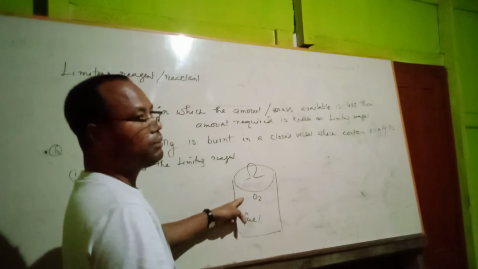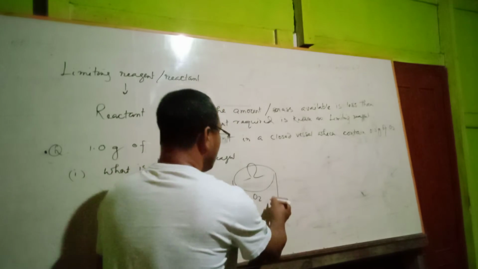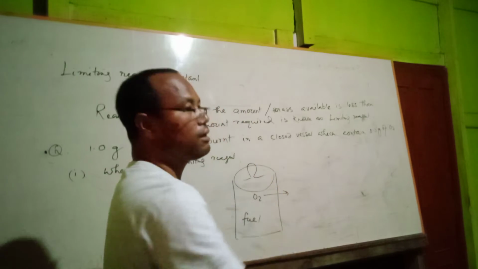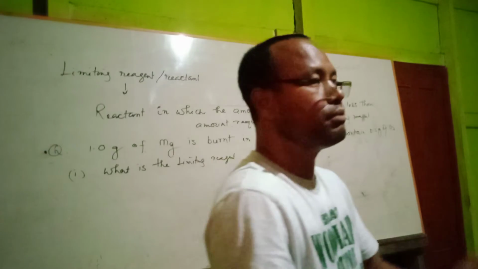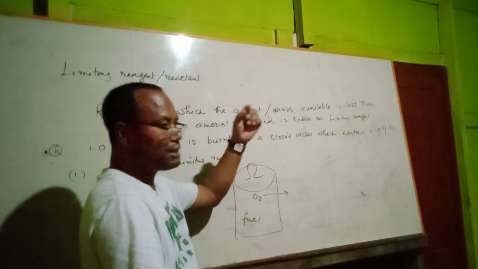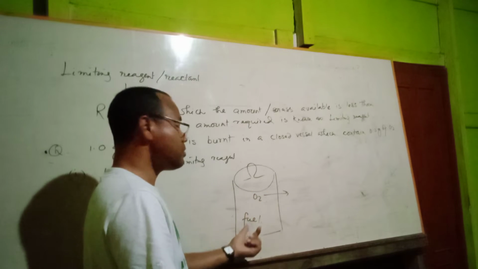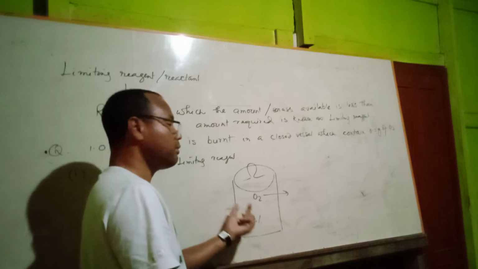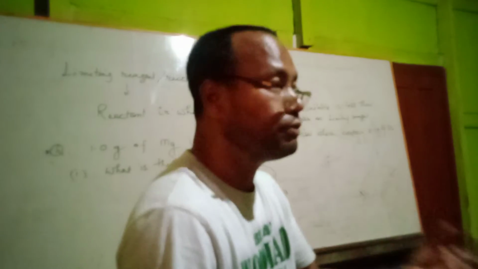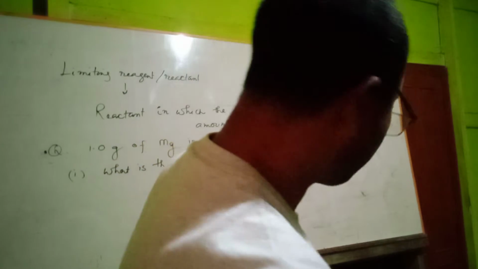Very limited oxygen is present. Therefore we consider this oxygen the limiting reagent, because the available amount of oxygen is less than the amount required to burn the foil completely, right? So that is the concept we need to understand.